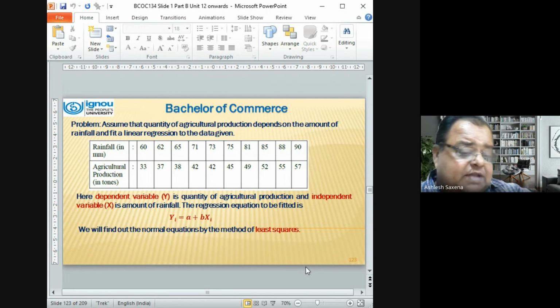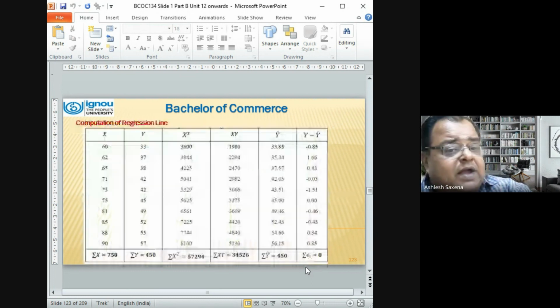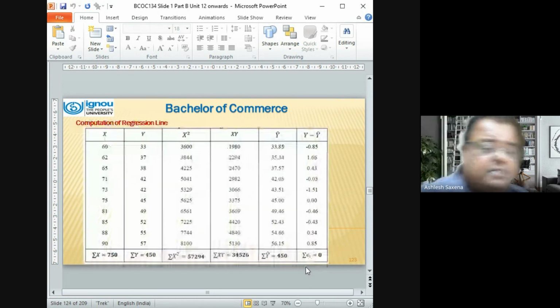Here we can see that the dependent variable is y, the quantity of agricultural production, and the independent variable is the amount of rainfall. So we will be generating our equation y equal to a plus bx. We have to find the normal equation by the method of least squares. How will that be done? We will be converting this into this form.